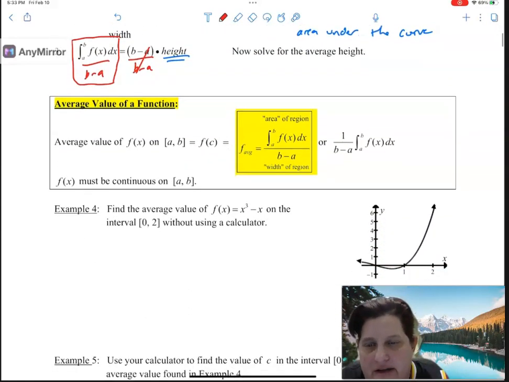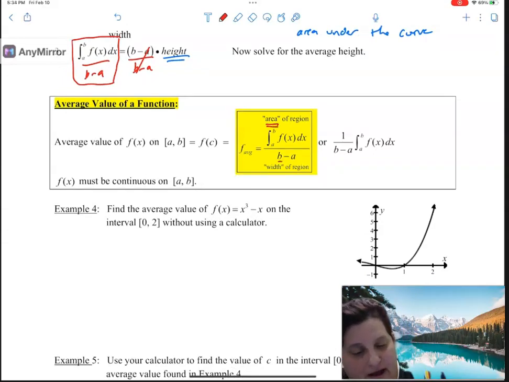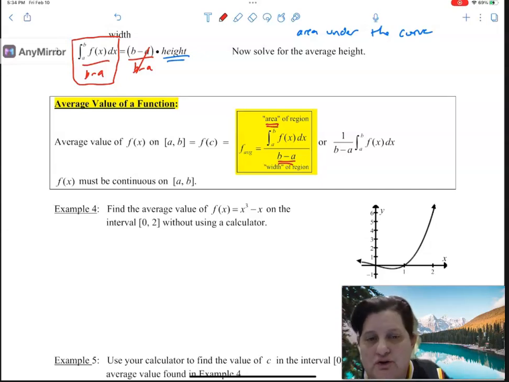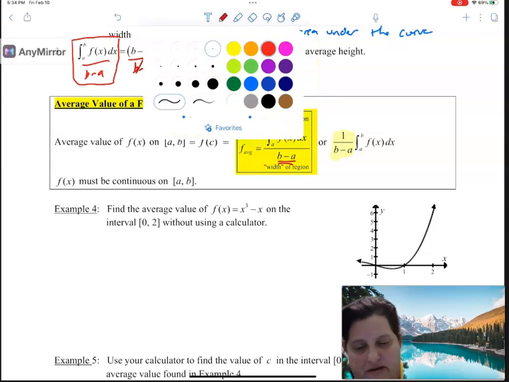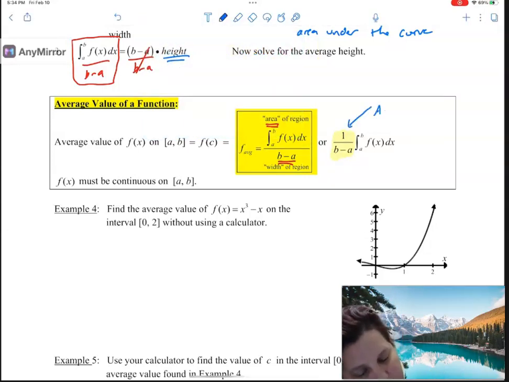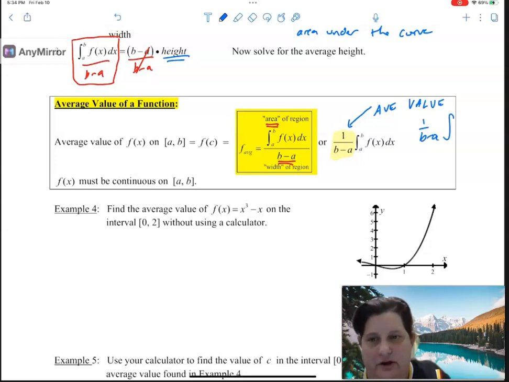So when you look at here, it says the average value on an interval A to B is the integral from A to B, the area, divided by the width. And the area divided by the width gives me the height. Usually what I do for average value is I put this out in front. So that's how I memorize average value: average value has the 1 over B minus A in front of the integral. I just memorize that and we're good to go.